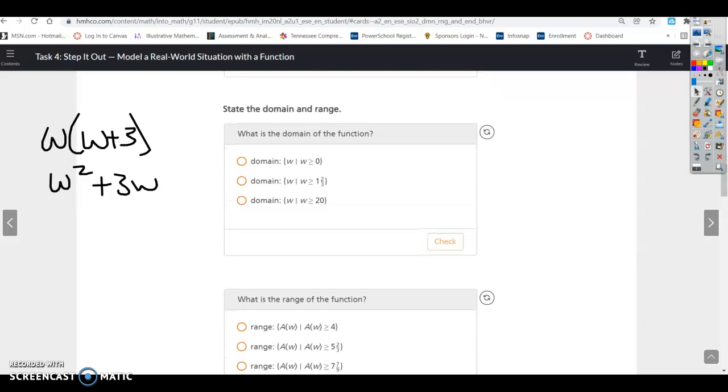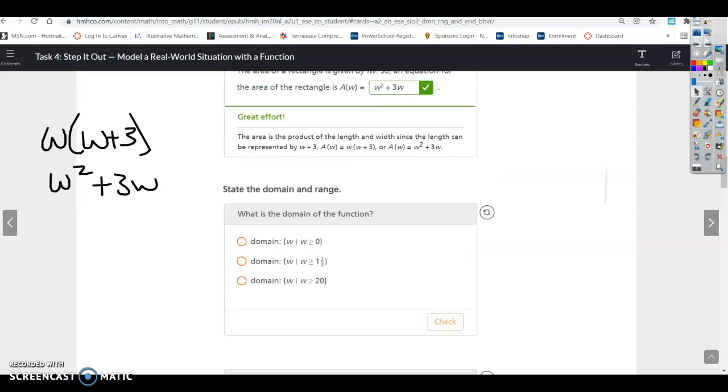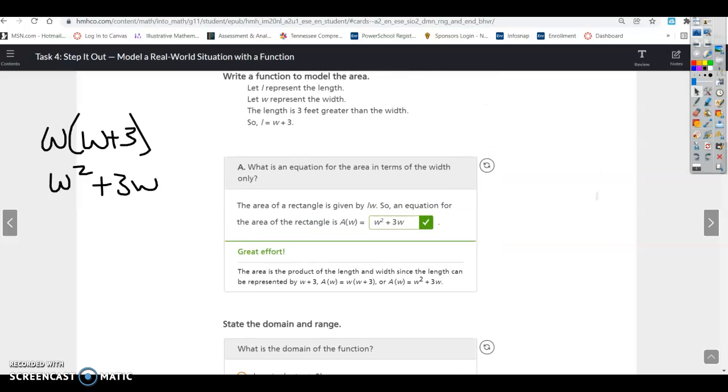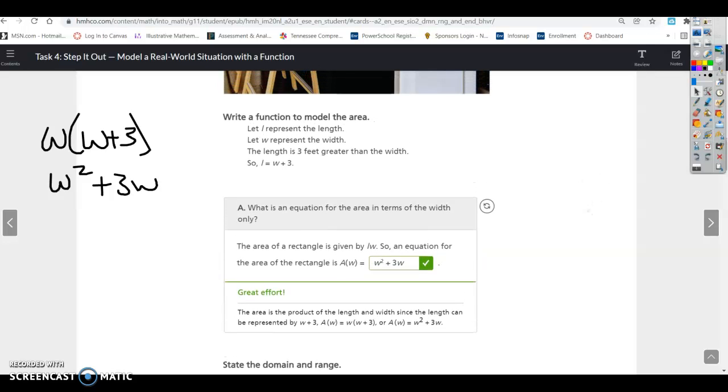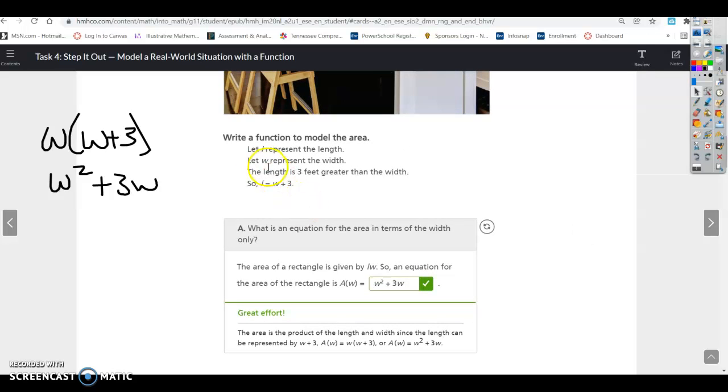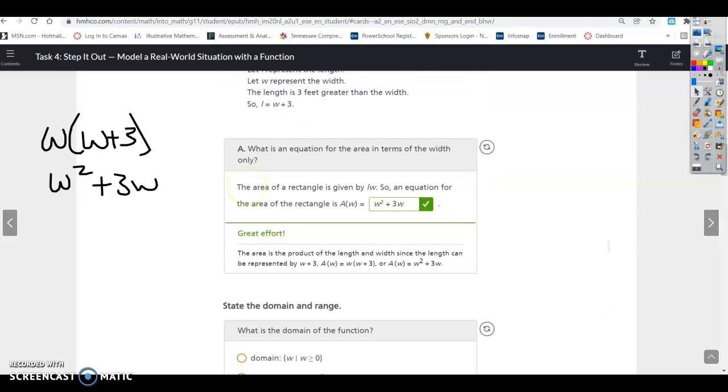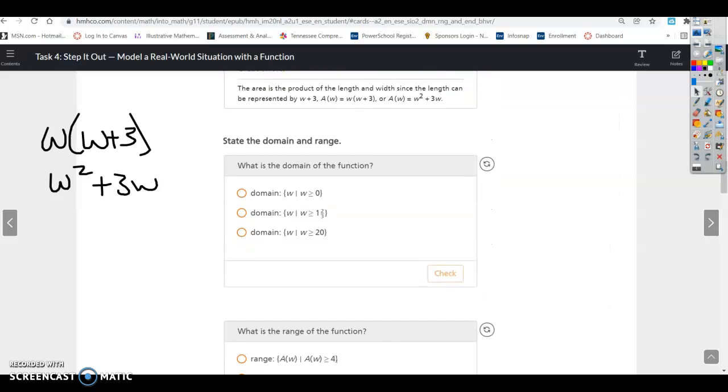All right, so it says what is the domain and the range. Remember the domain has to be at least 20 inches. All right, so this says the length is 3 feet greater than the width. So we have to convert from inches to feet. So how many feet is 20 inches?